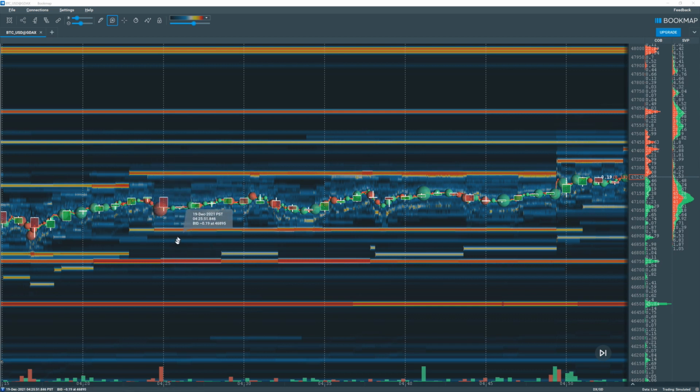And how buy walls work is this. If you have a large order, you see a giant order here, and you're a small investor, and you're like, oh no, I better raise my price up so that I can buy these sell orders before they get filled by this giant buy order here.